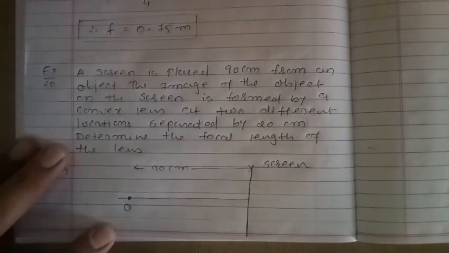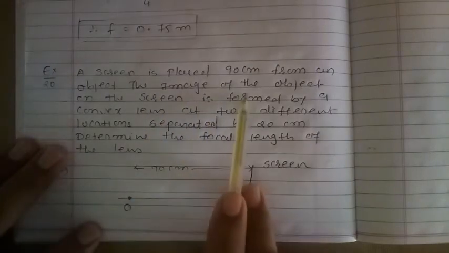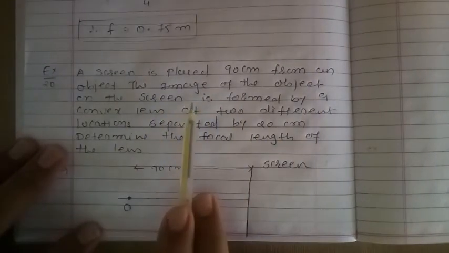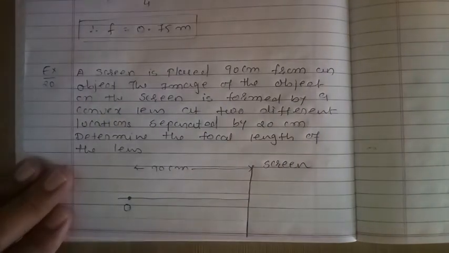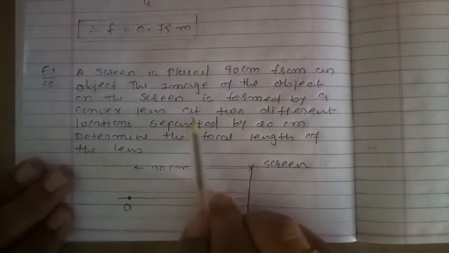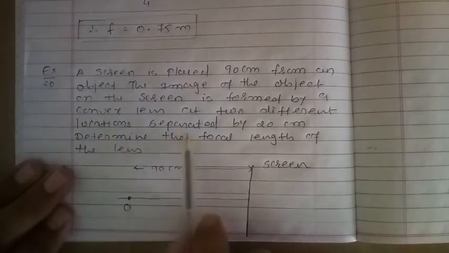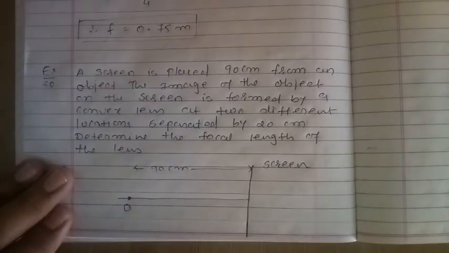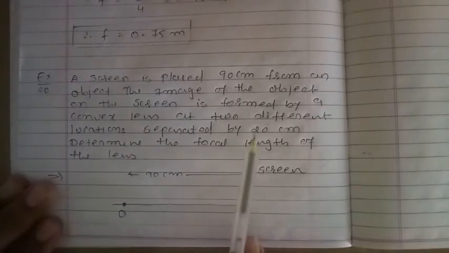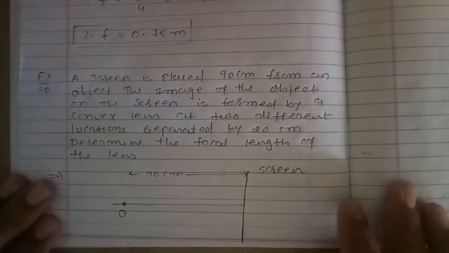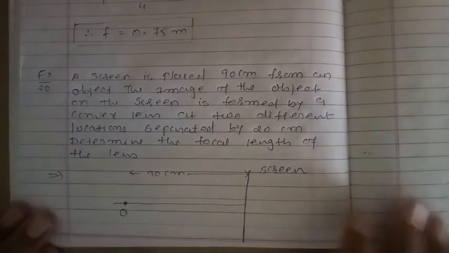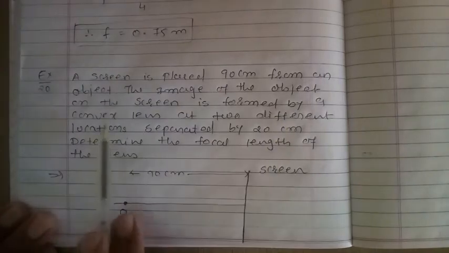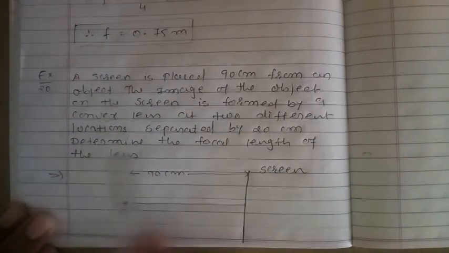Like this. Now the image of the object on the screen is formed by a convex lens. So here the image is due to the convex lens, but here at two different locations separated by 20 centimeter. So the distance is 20 centimeter. So here there are two lens positions separated by 20 centimeter, right? Because here you can see convex lens at two different locations.